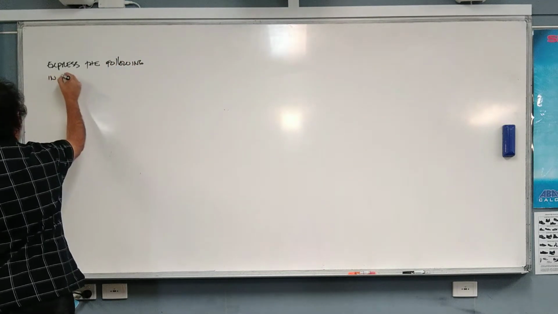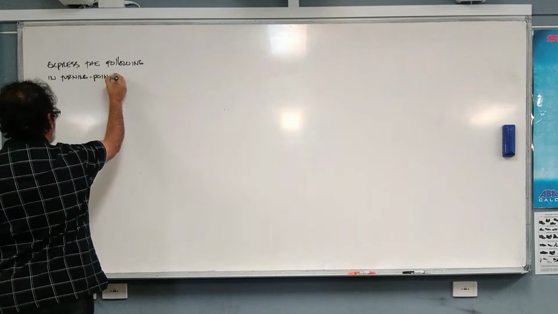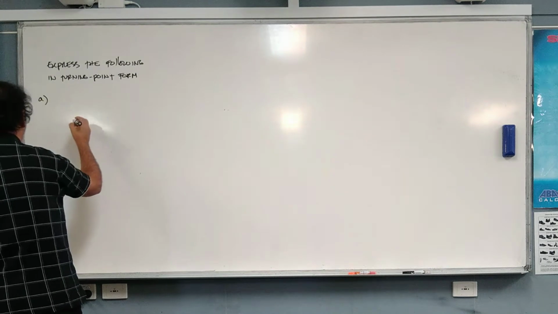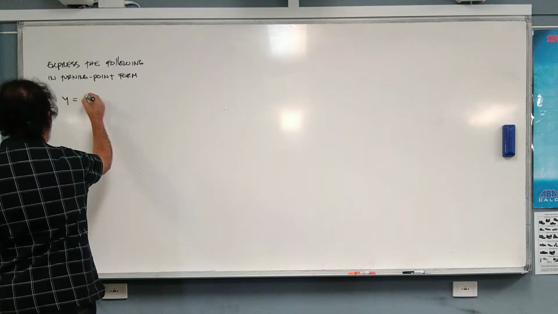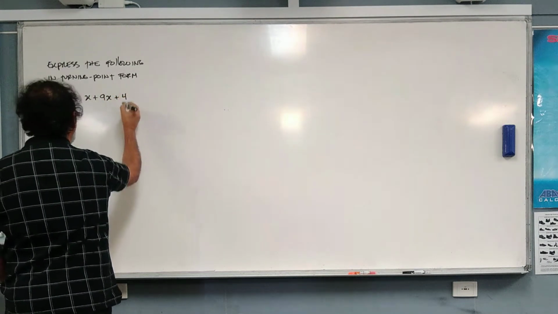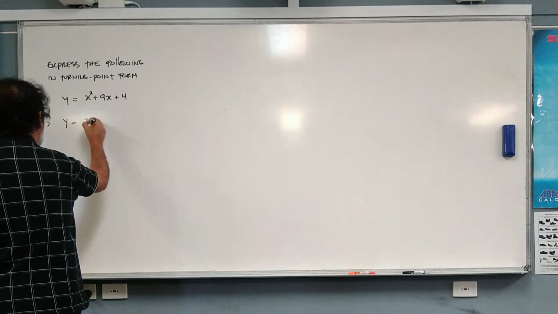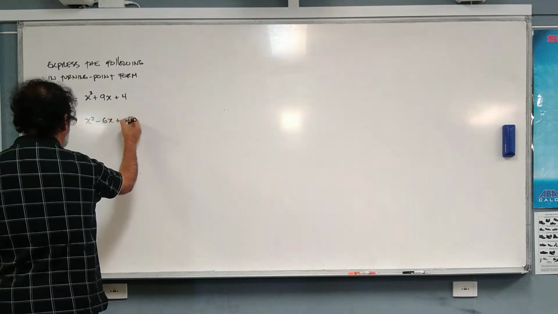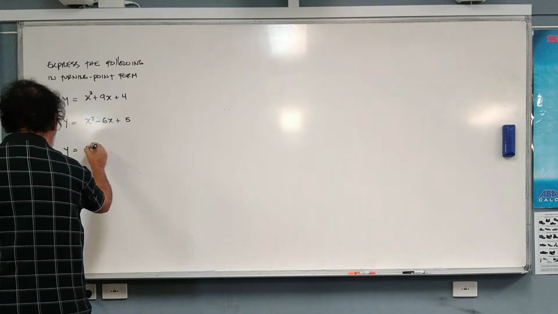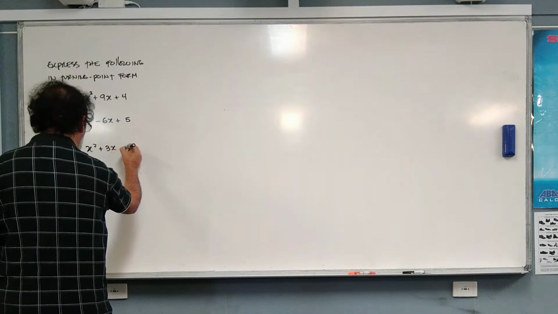Okay, so express the following in turning point form. A: y equals x squared plus 9x plus 4. B: y equals x squared minus 6x plus 5. C: y equals x squared plus 3x minus 10.